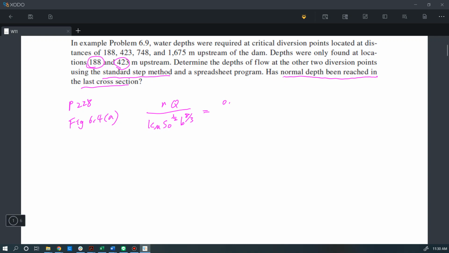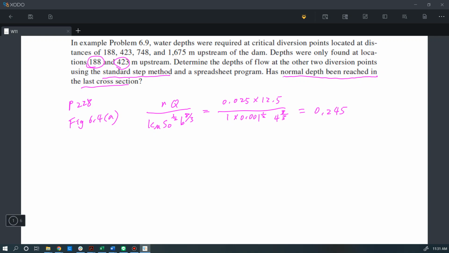So n is equal to 0.025 times the flow rate 12.5 divided by km, which is 1, and the slope 0.001 to the power of 1/2 times the width of the channel 4 to the power of 8/3. Then we get this number equal to 0.245.